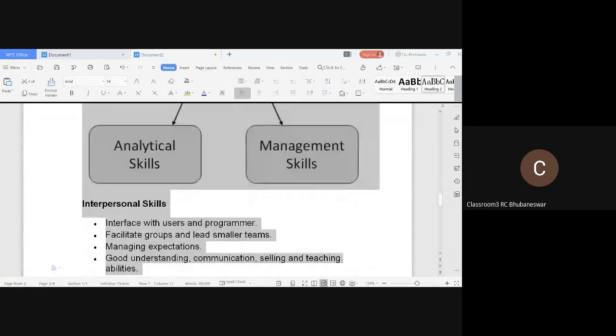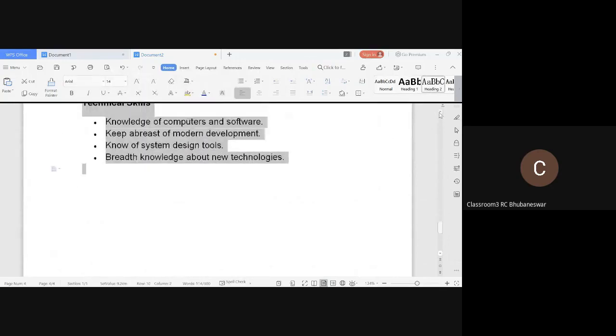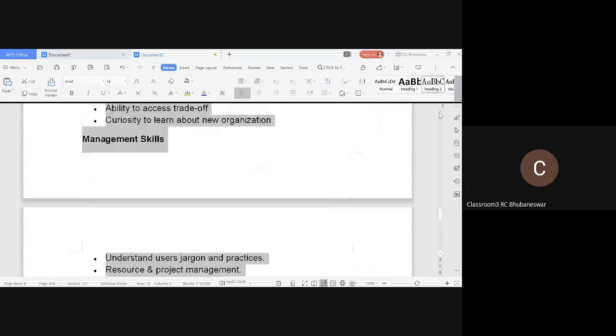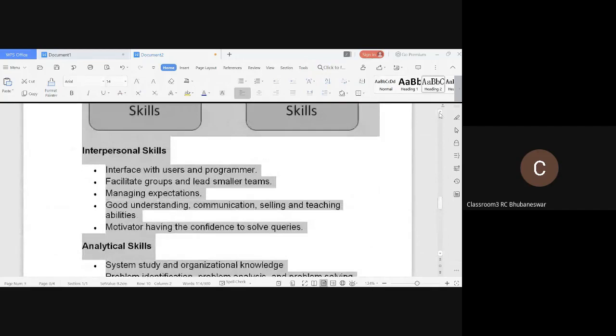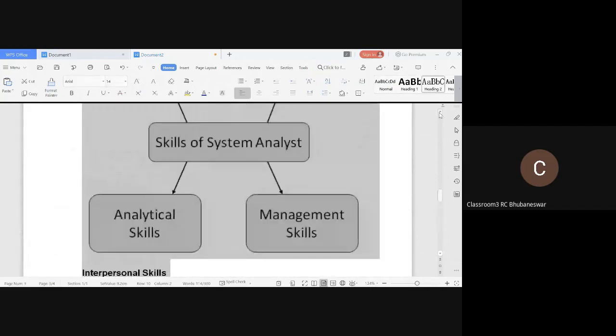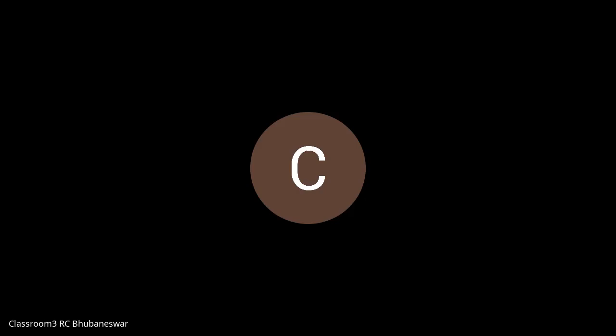Font is too big. Somebody else is also trying to enter. Yeah, let me. Yeah, their personal.